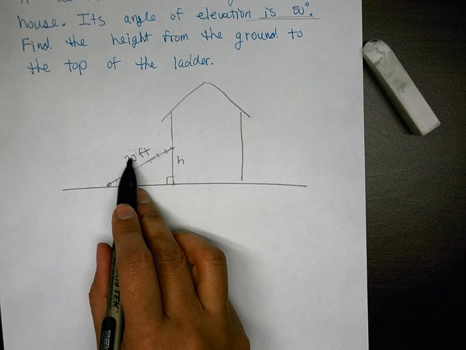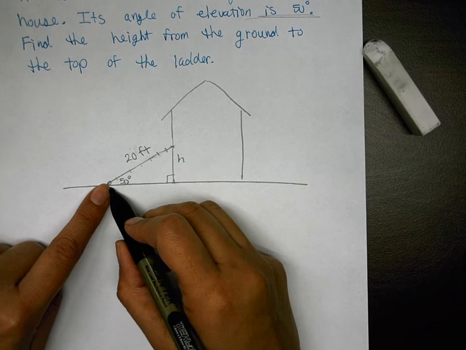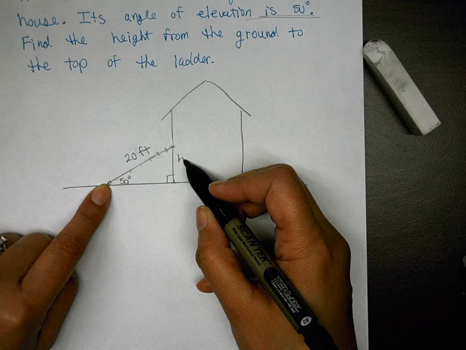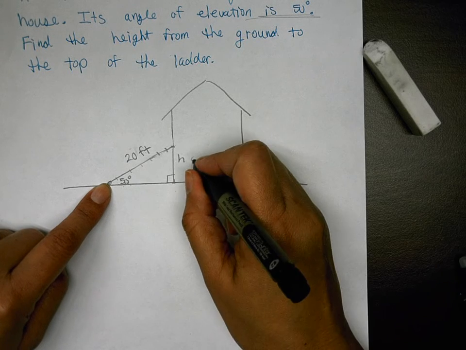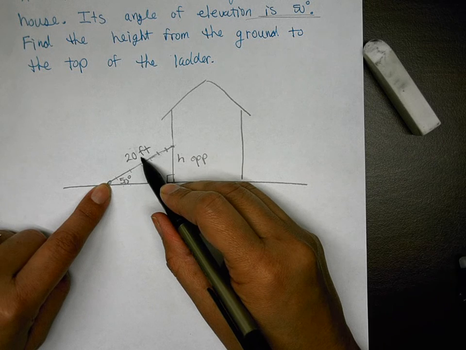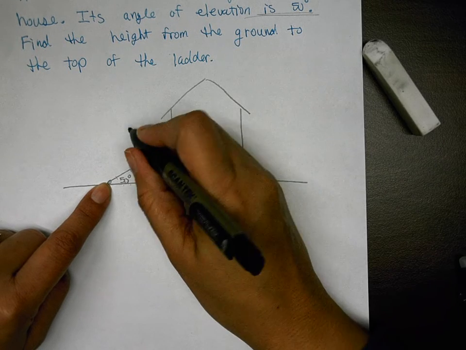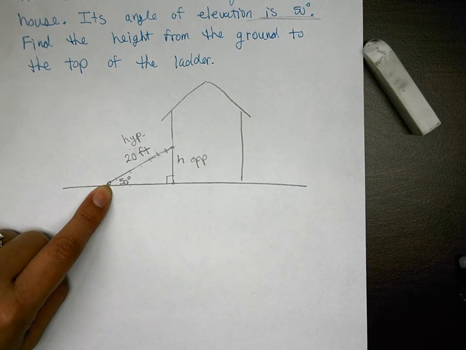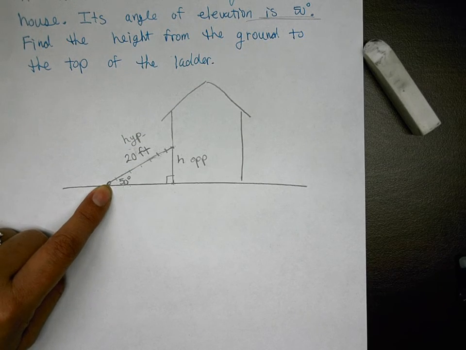Let's label. From this angle, what is this side? Opposite or adjacent? Opposite. What is this side? Adjacent or hypotenuse? Hypotenuse. SOHCAHTOA, which one are we going to use for opposite over hypotenuse? Which one? Sine.